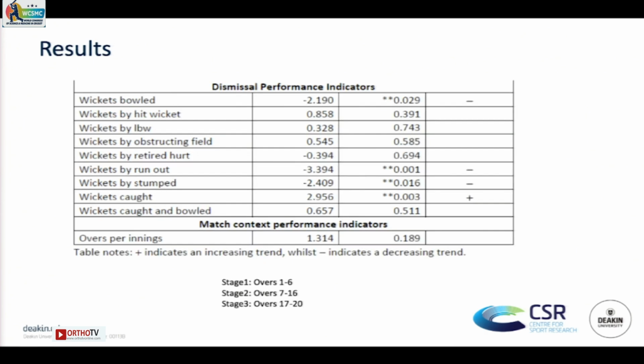And we also looked at subsets of dismissals, and one of the most important ones, wickets by runouts, is decreasing over time. And this is something that Candice, another presenter, revealed in her presentation as well. But wickets taken as catches in the field is on a positive trend.